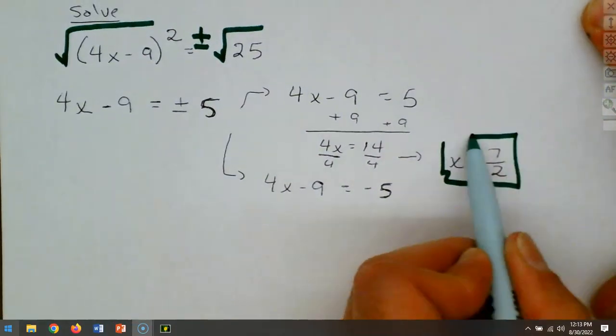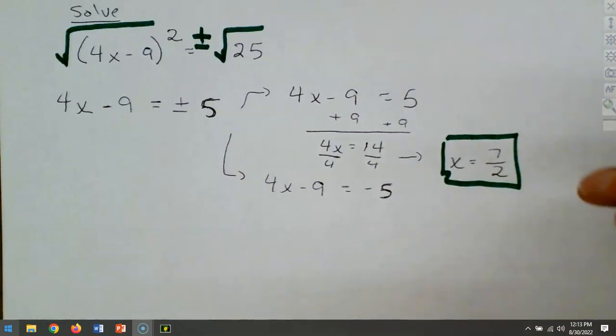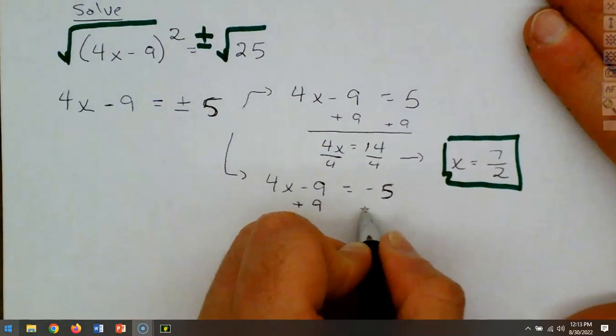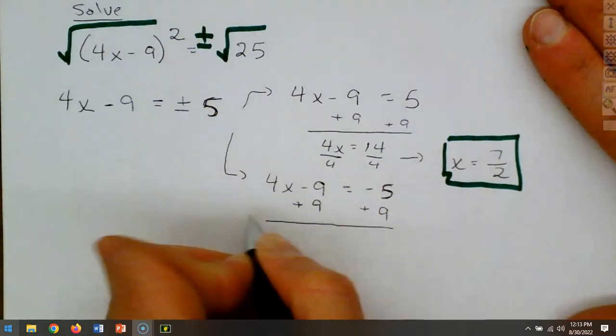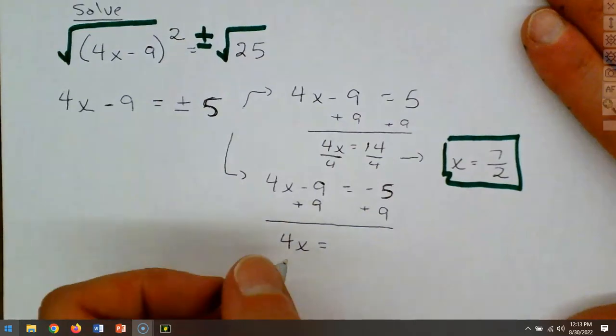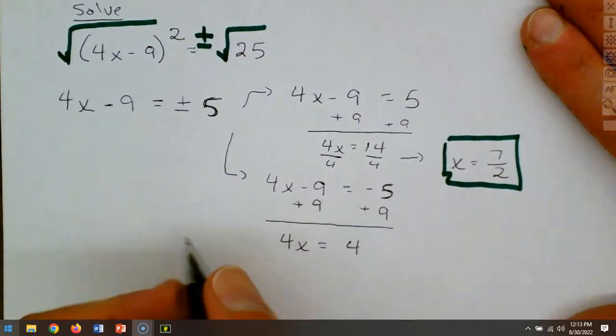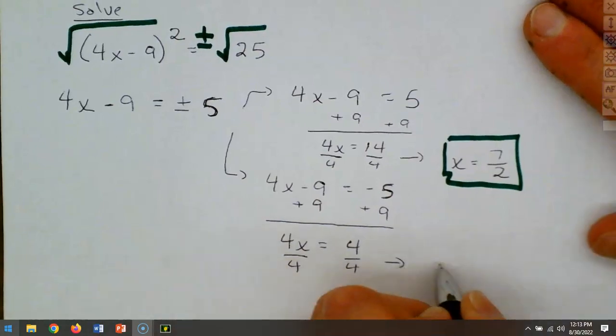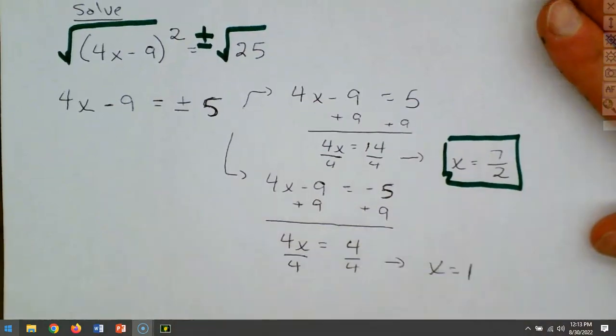How do I get the other solution? Yep, same procedure. You have to add that 9 over again. And now I've got 4x equals now, adding down, 4. Divide by 4, and that leaves you now with x equaling 1.